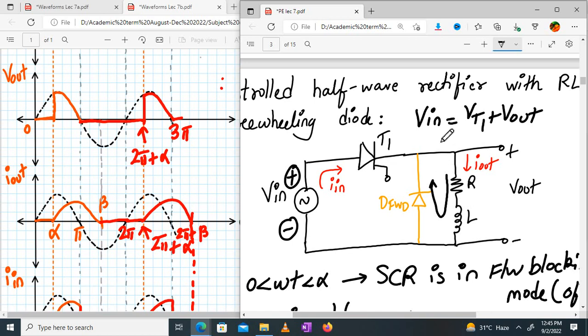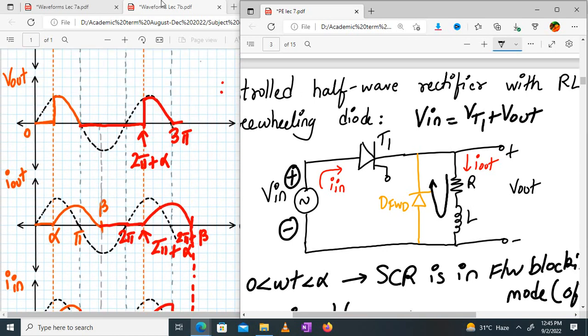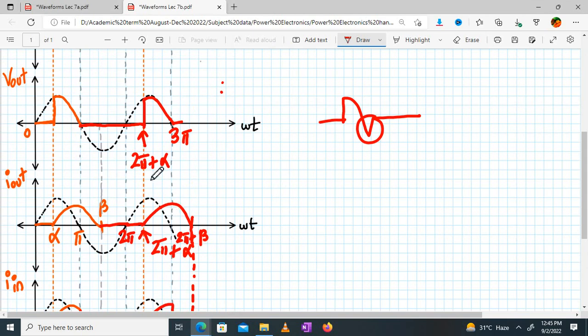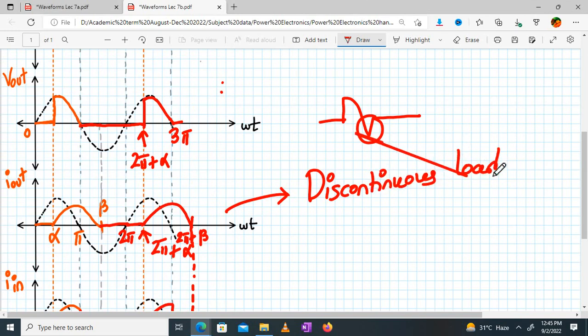Are you understanding? So whatever waveforms we have drawn, these are discontinuous mode, discontinuous load current. What is the meaning of discontinuous load current? If my output current is going to 0, that is discontinuous.